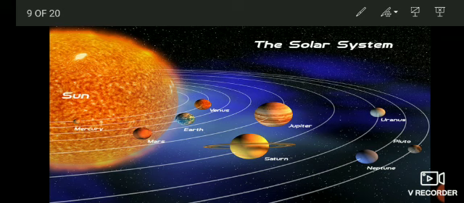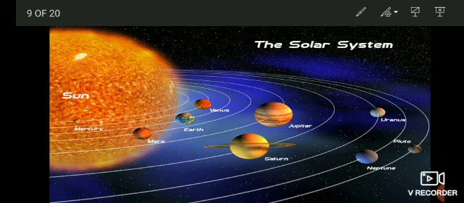So our solar system consists of star, planets and satellites. What is the nearest star to us and what is the shape of it? Now our nearest star is our sun and it is spherical in shape.